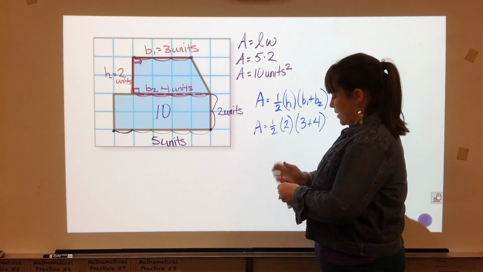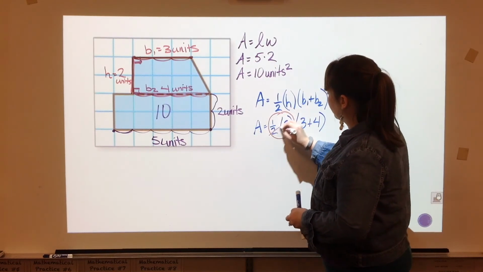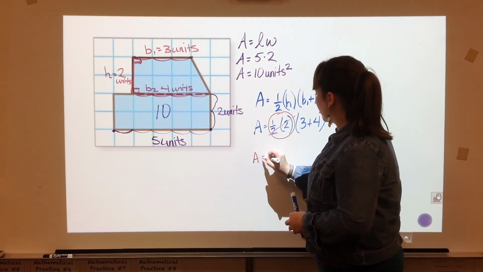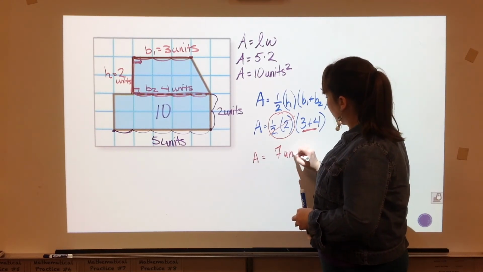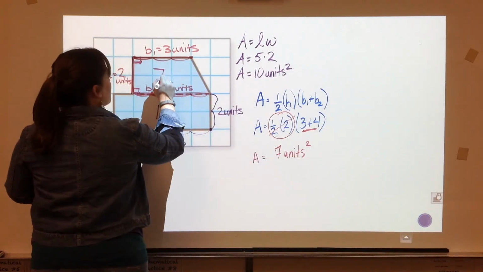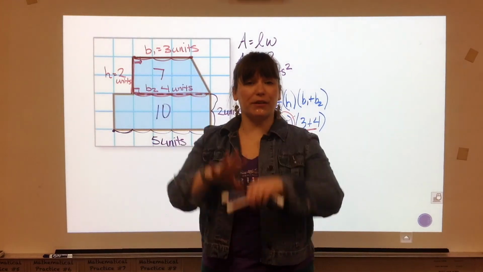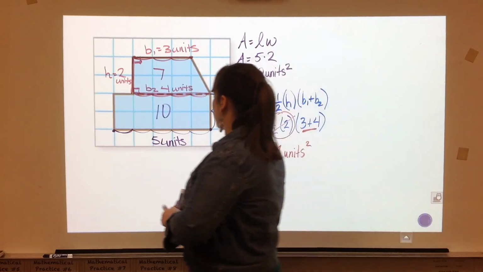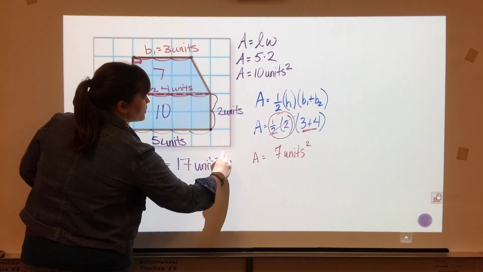This I love right here. 1/2 of 2 just goes away because 2 divided by 2 is 1, and we have the area of 7 because all we have to do is add these 2 up, and we have 7 units squared. So if the top is 7 units squared and the bottom is 10 units squared, to find the total area of the shape, we have to combine those 2 areas, 10 plus 7, or 17 total units squared.